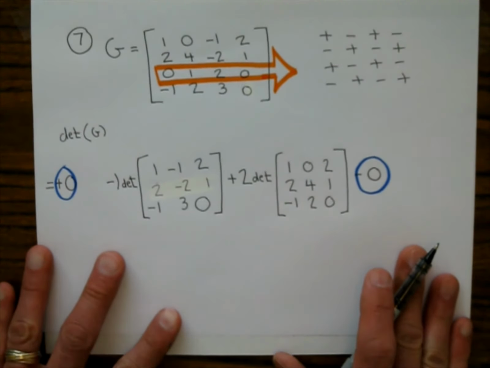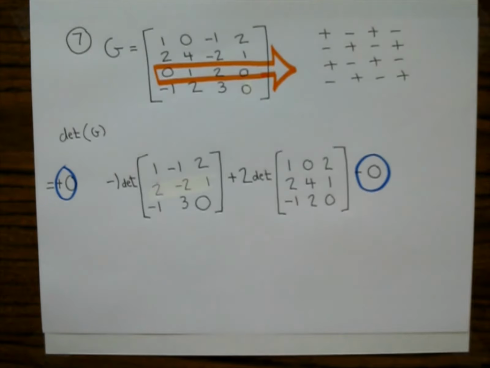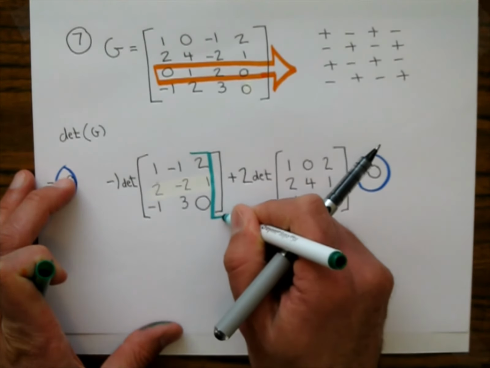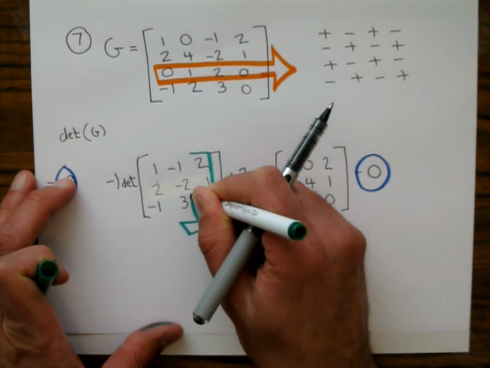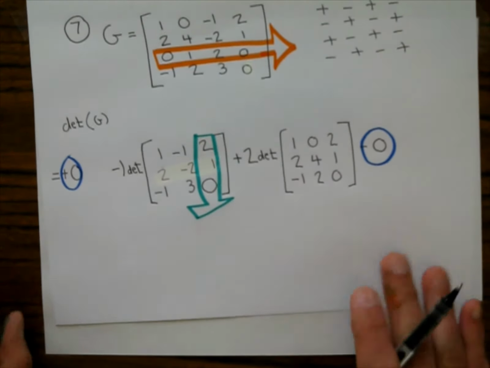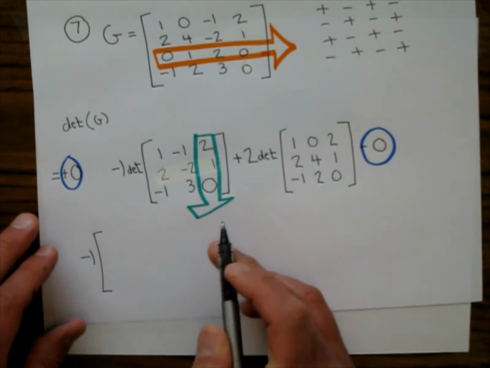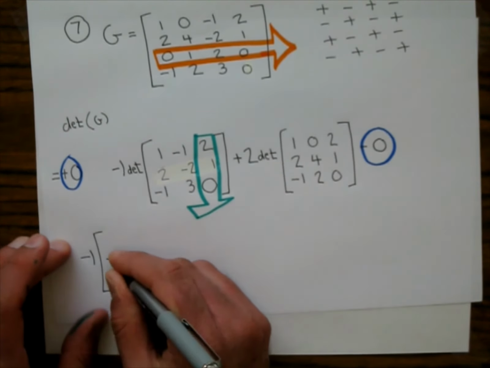Okay, so now I'm going to go ahead and travel maybe down this column here for this one. So I have negative 1, and then I have 2, which is in the positive position.